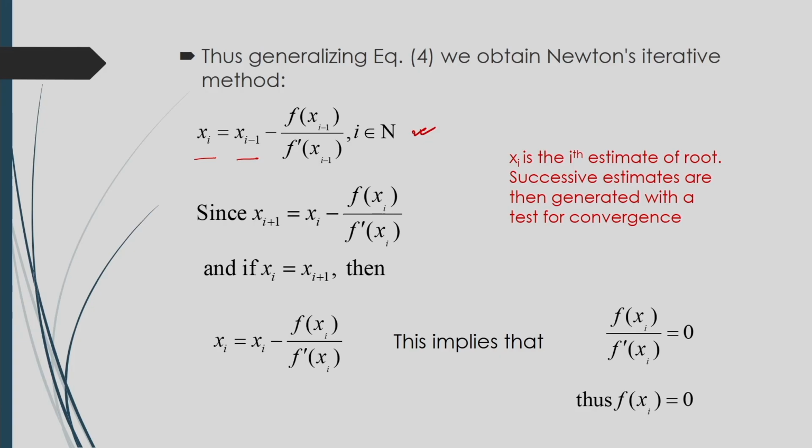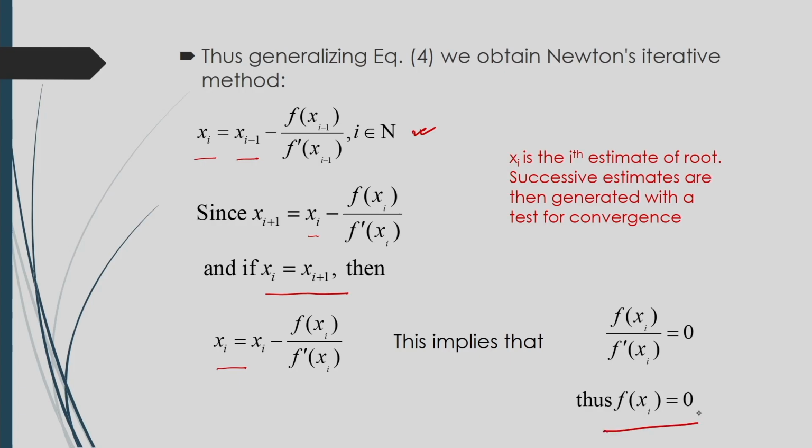3, 4, like this. And since xi plus 1 will be equal to xi minus f of xi by f dash xi, if xi will be equal to xi plus 1, then we can write xi will be equal to xi minus f of xi divided by f dash xi. So, this implies that f of xi by f dash xi will be equal to 0.